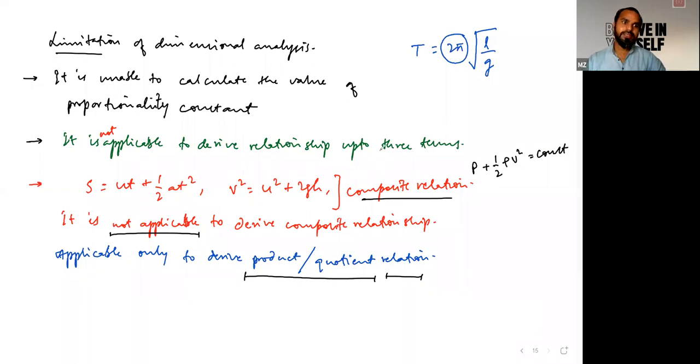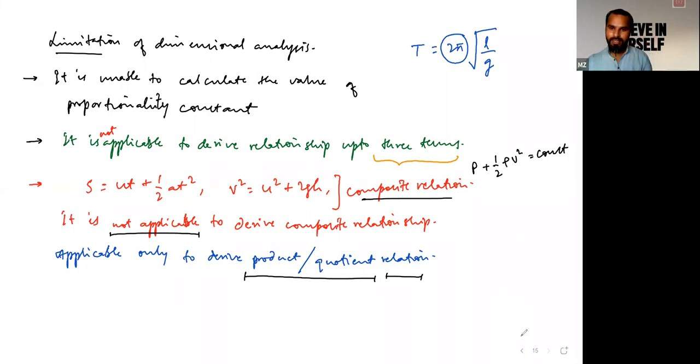Dimensional analysis is not applicable to derive relations beyond or more than 3 terms. If there is a quantity which is related to other quantities beyond 3 terms, like 4 terms, 5 terms, or 6 terms, it is not applicable to derive that type of relationship. It is applicable only to derive up to a maximum of 3 terms.